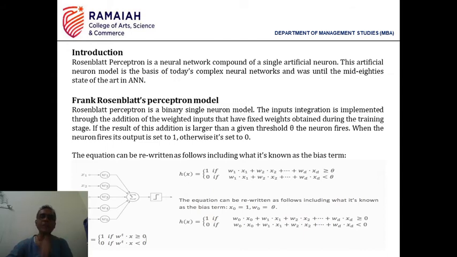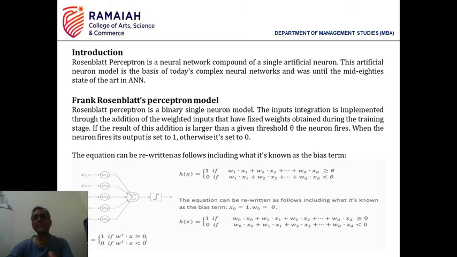The equation can be rewritten as follows. If you look at this, on the left-hand side you have x1, x2, x3, x4, x5. Similarly, in the circles you have the nodes w1, w2, w3, w4 and w5, which are all mapped onto sigma and then to an output symbol. Now h of x equals 1 if w transpose x is greater than or equal to 0, and 0 if w transpose x is less than 0.